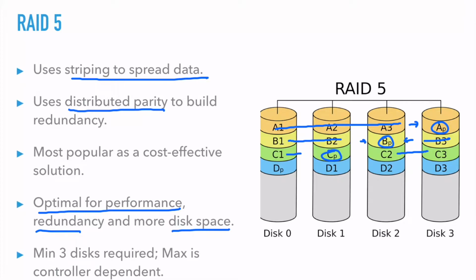RAID 5 used to be considered as a bane and was a no-no for servers. That era is over. Today RAID 5 performs pretty well. It has improved a lot thanks to the technology improvements, and with the nested RAID coming in, RAID 5 is a very good option for larger systems with good performance. Minimum 3 disks are required. Max is controller dependent.